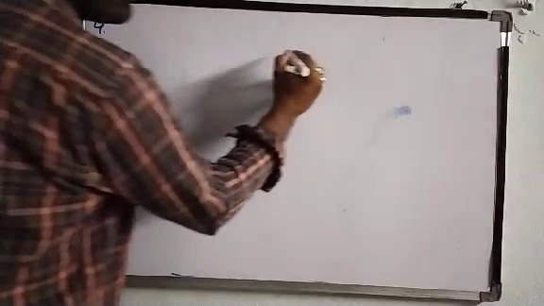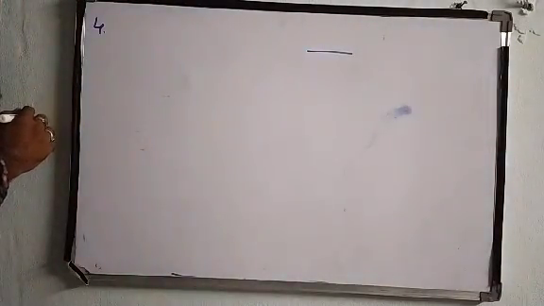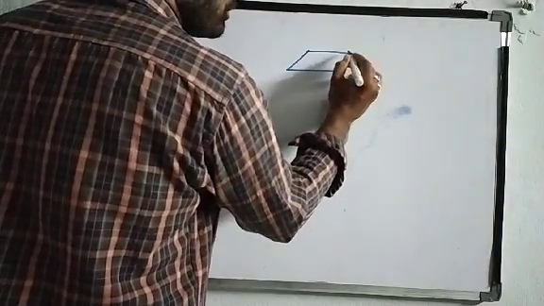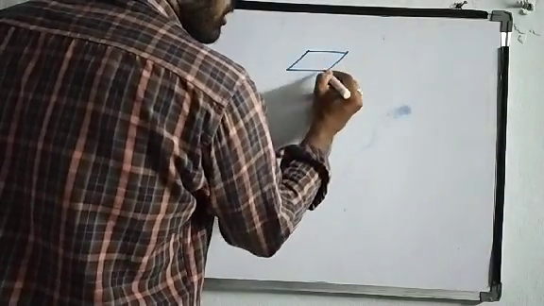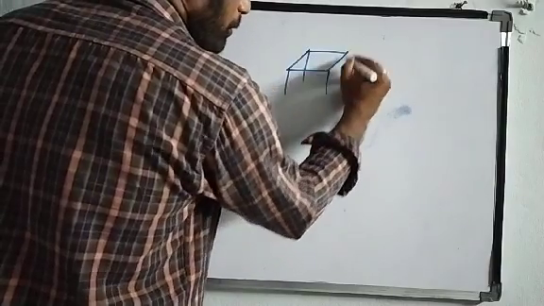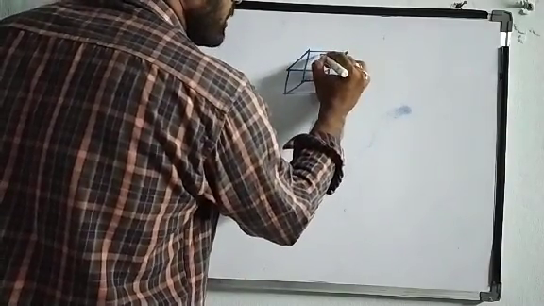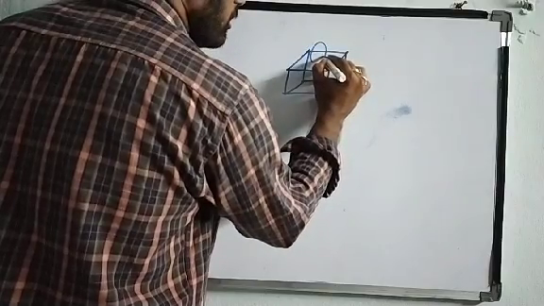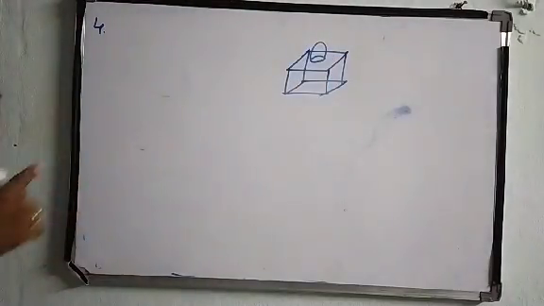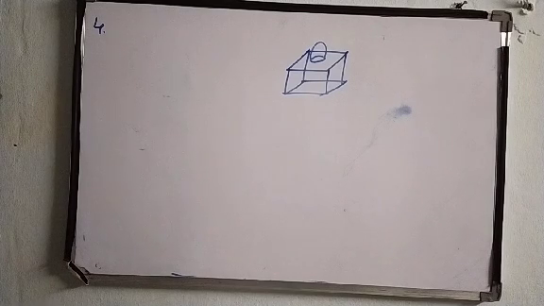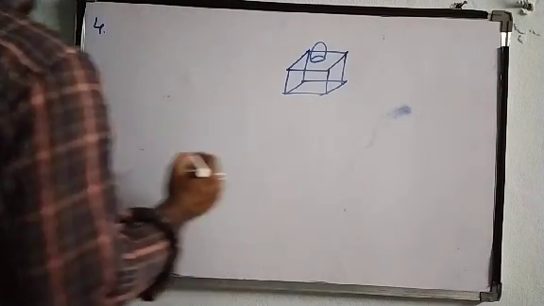Okay, fourth question. So there is a cube. Upon the cube there is a hemisphere. So a hemisphere is surmounted on the cube of side 7 centimeter.